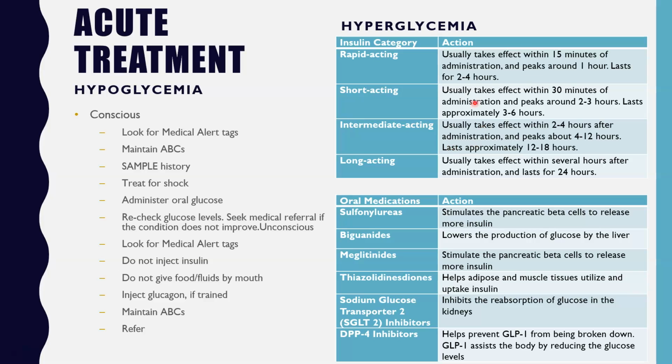If we have a hyperglycemic case, in this case an acute condition, we're going to administer insulin. And you can see there are different types of insulin, rapid to long acting. There are also different medications that you could take orally to try to control the long-term effects of diabetes and high blood glucose levels.